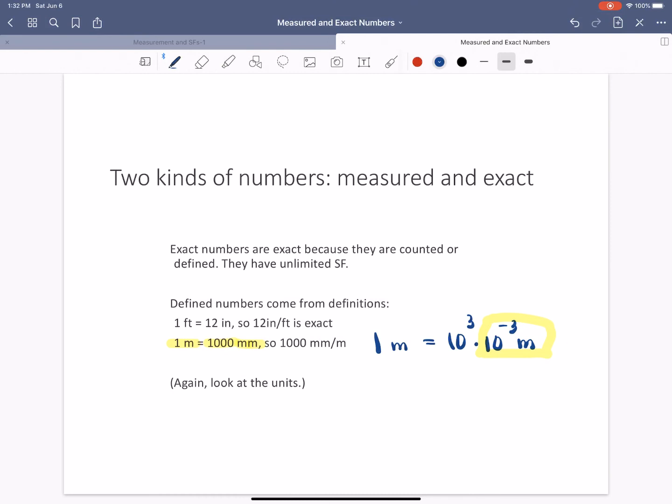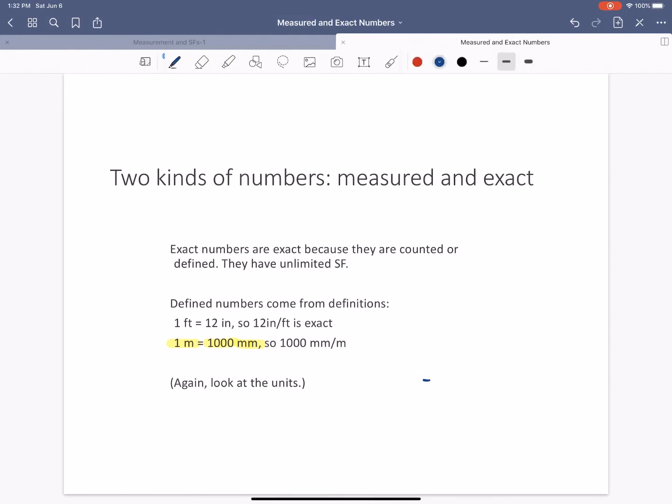And thousand and thousandth cancel, because what I had here was 1,000 and then 1,000th meters, and they canceled.